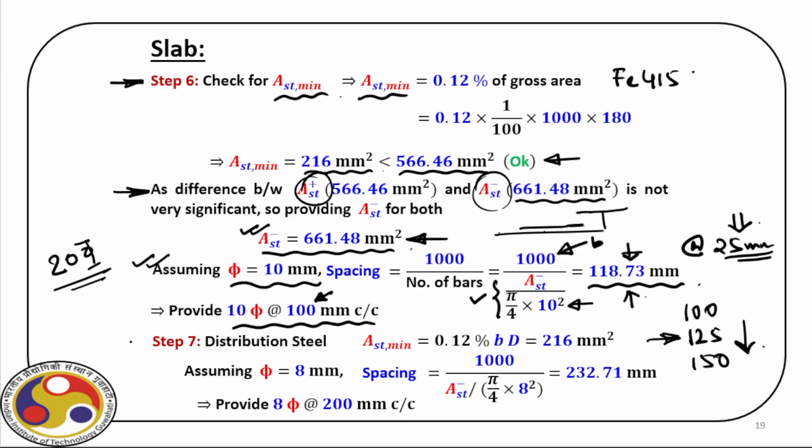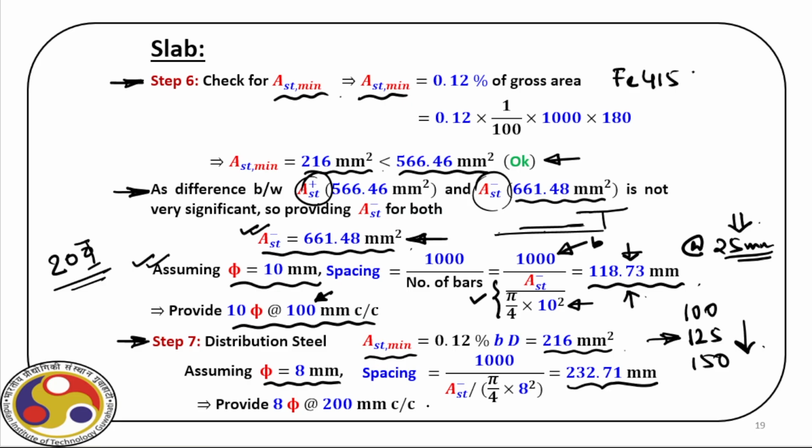Then we have to provide distribution steel, secondary steel, if you recall. So for that, again, our minimum amount of steel is 216 millimeter square. So for that secondary steel or distribution steel, we provide 8 phi bar, and again we find out the spacing, which is 232.71.